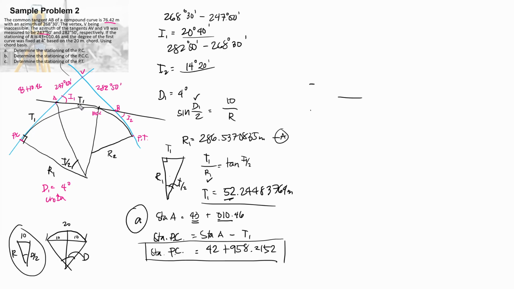Since hindi siya dito magta-travel, kailangan natin ibalik dito, and then i-add tong length of curve para makapunta tayo kay PCC. Hindi lang pwedeng bastang rekta. Dapat ibalik muna natin kay PC, and then mula kay PC, along the curve, papunta kay PCC.